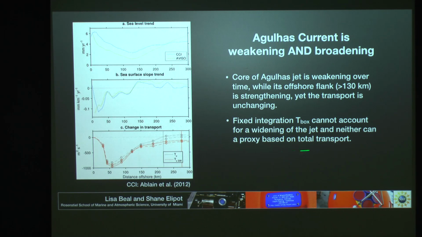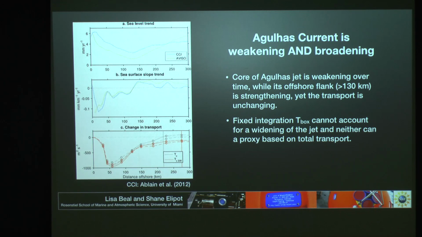And that's because if you basically look at total transport, you're doing the same thing. You're basically only allowing the variance to change within a set distance of the coast. You've got to choose your slope between 2 points, basically.